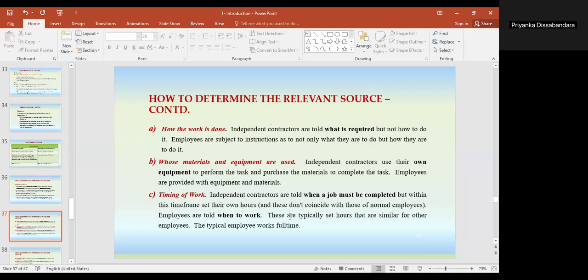We have to work there until 4:30, 4:15 or until 5. If we want to go early, we have to apply for leave. Independent contractors are told when a job must be completed. That means they will give a job.